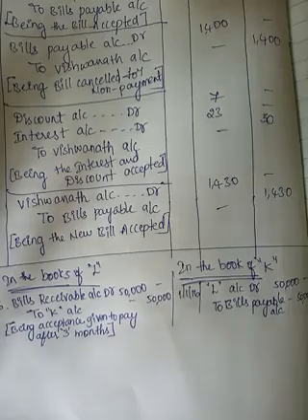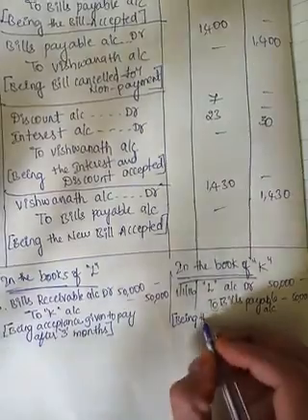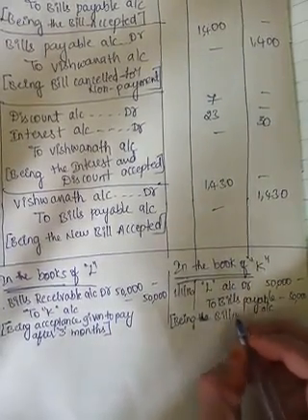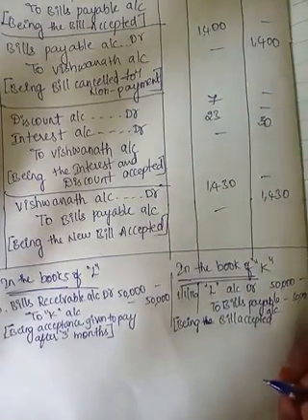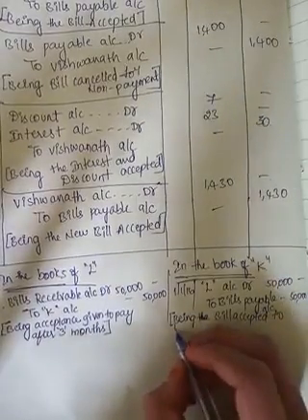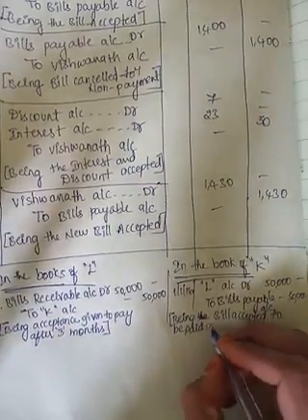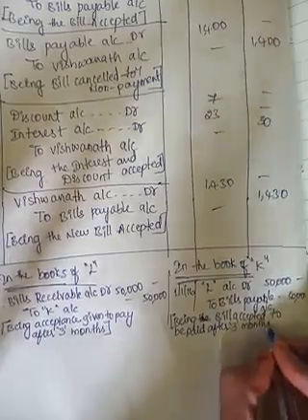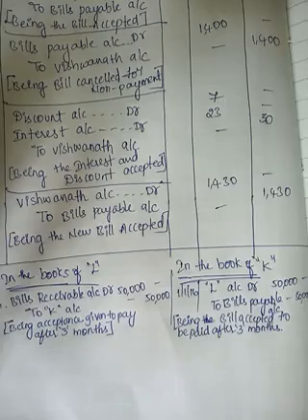Narration is being the bill accepted to be paid after 3 months.